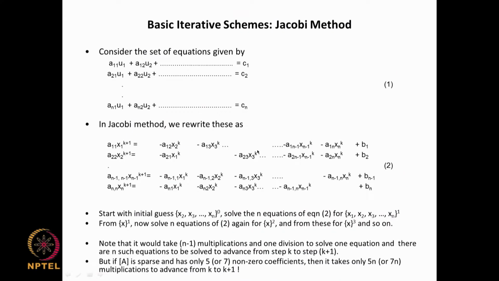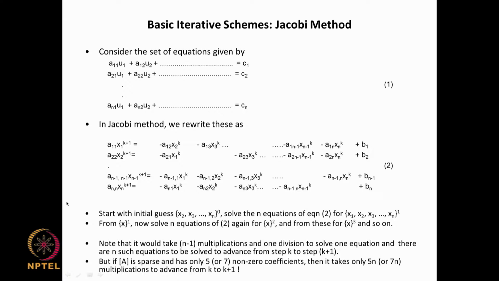But the way that we actually implement Jacobi method is such that we take advantage of the non-zero coefficients and the sparsity of matrix A, and we go from step k to step k plus 1 in 7n or 5n number of, or some constant times n, where the constant is of the order of 10, multiplications and divisions to go from step k to step k plus 1.